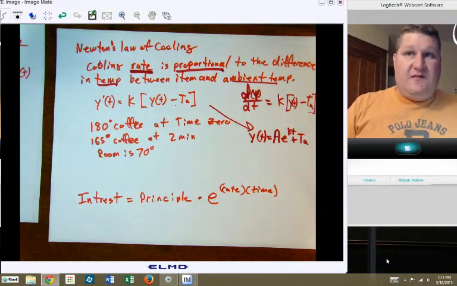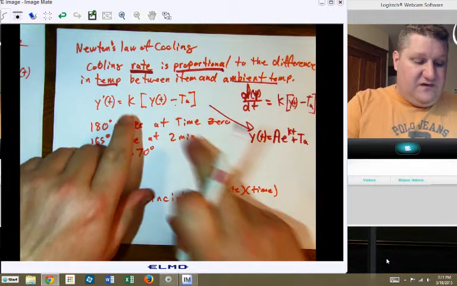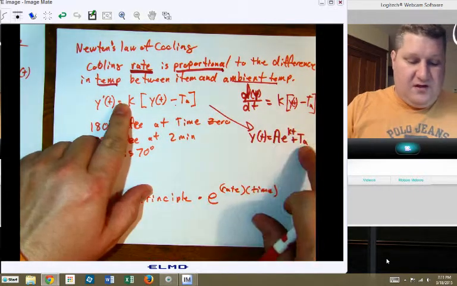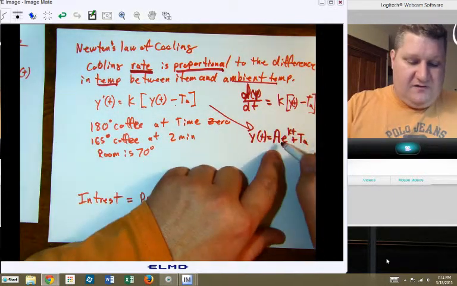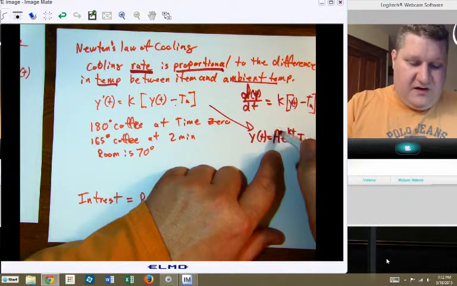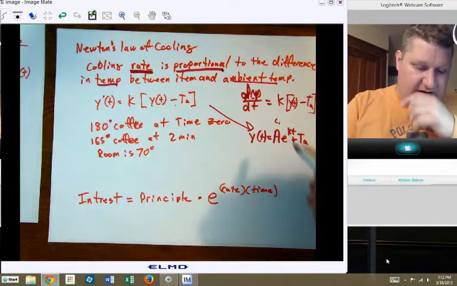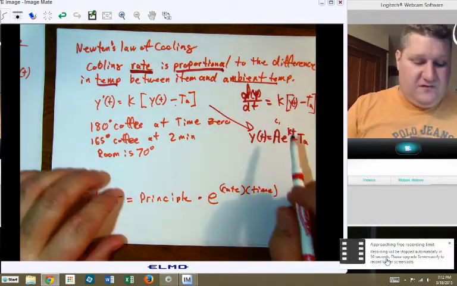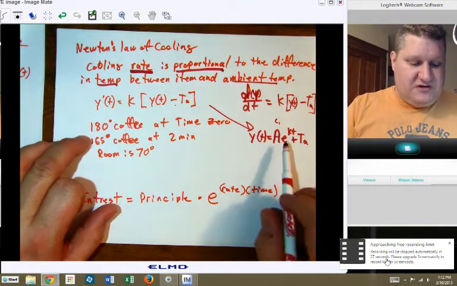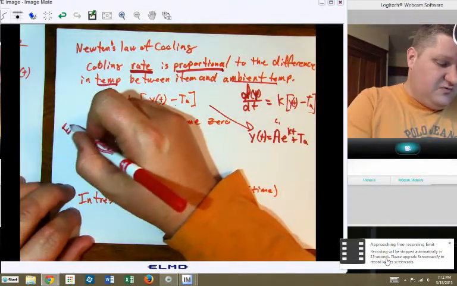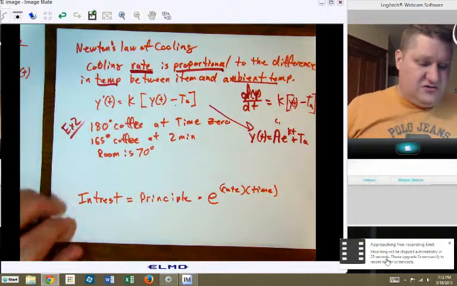So it's not really that big a deal, and it makes sense that if you're going to turn this around, this minus is going to become a plus. Now, they used a. Okay, we've traditionally been using c1, doesn't make a difference, but you can plug in your initial conditions. This is example 2 in section 1, so you can do that.